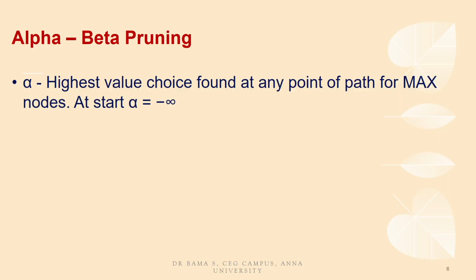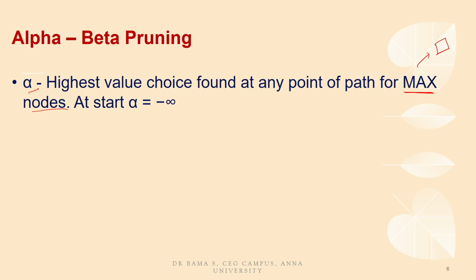In alpha beta pruning we are going to have 2 variables, one called alpha and another called beta. Alpha is always associated with max nodes. Remember we had an example with a square or rectangular node.